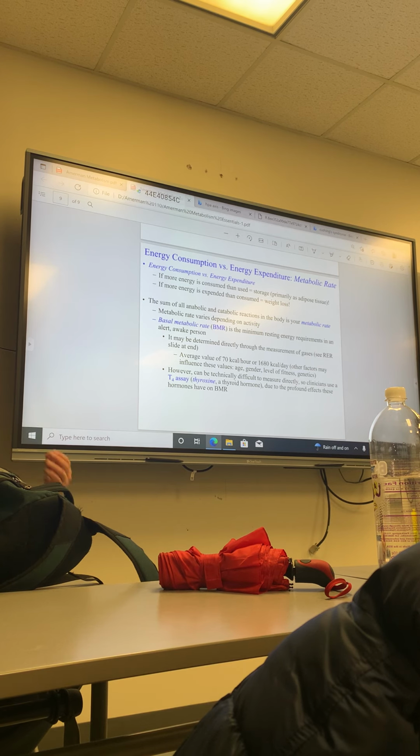And that's usually what they're doing the assay for, people that are coming in with weight problems. Before worrying about other kinds of treatments like gastric sleeve, they would probably first do an assay to see, well, maybe there's a hormonal issue here. Maybe you have some hypothyroidism, because then you can treat it with thyroid medication.